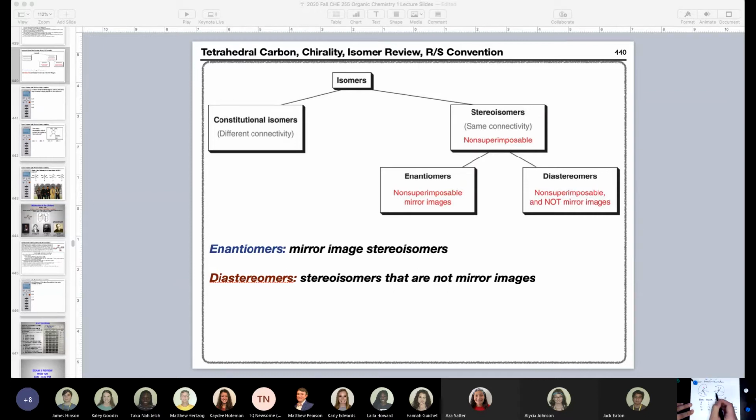That's counterclockwise, so that's S. So let's make a note of that. So 1 chirality center is equal to a pair of enantiomers. 1 is R, 1 is S.